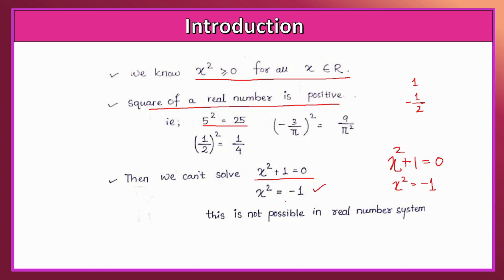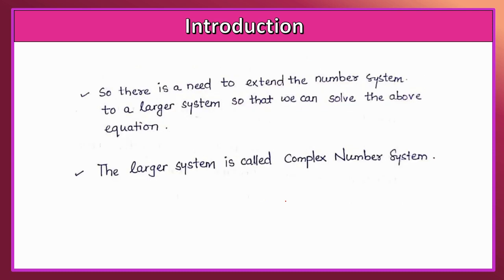So we have to think otherwise how to solve x square plus 1 equal to 0 beyond real numbers, without using the real numbers. There is a need to extend the number system to a larger system so that we can solve the above equation, x square plus 1 equal to 0.